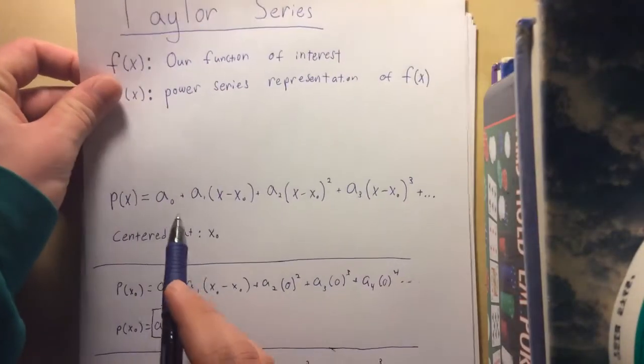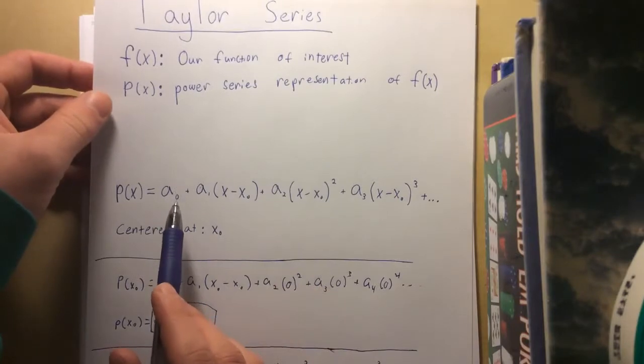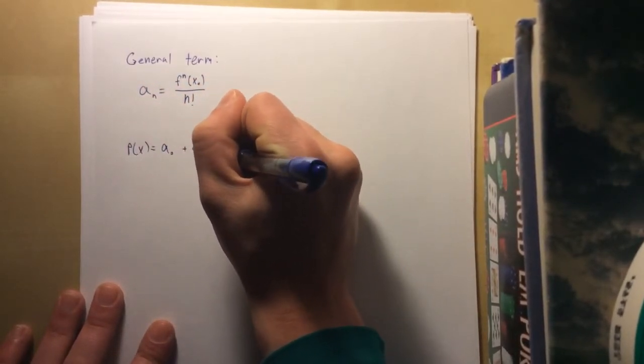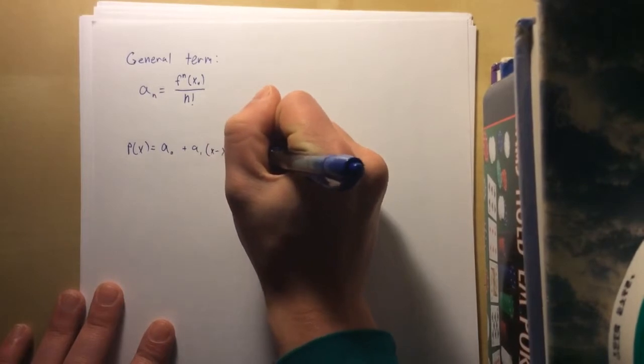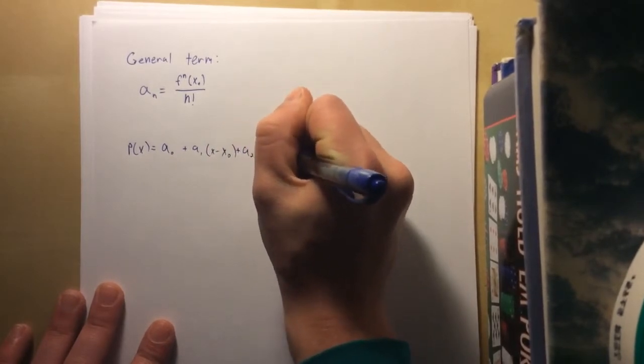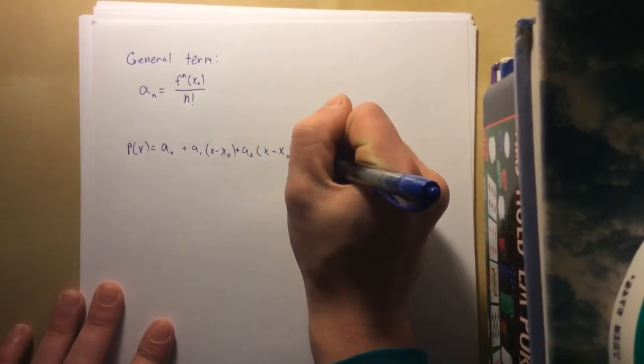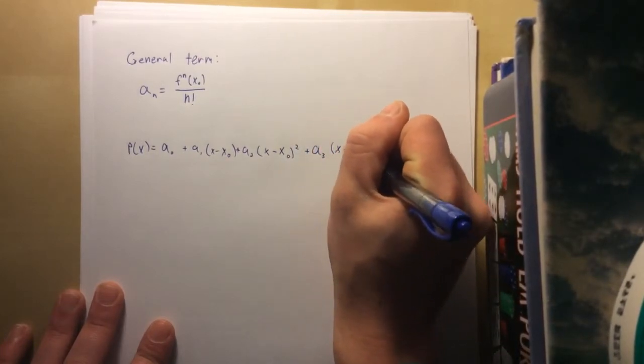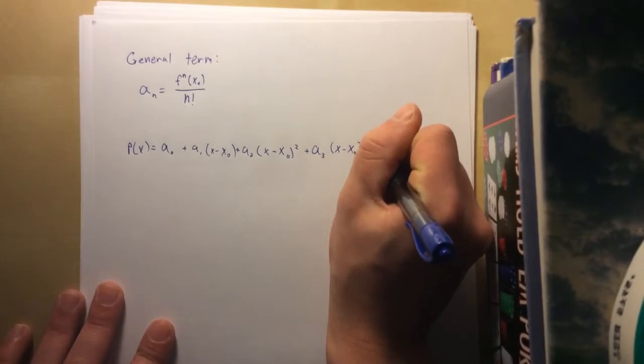Now let's see if we can go back to p of x and write p of x using all of these constants. Remember, p of x is equal to a sub 0 plus a sub 1 times (x minus x naught) plus a sub 2 times (x minus x naught) squared plus a sub 3 times (x minus x naught) cubed.